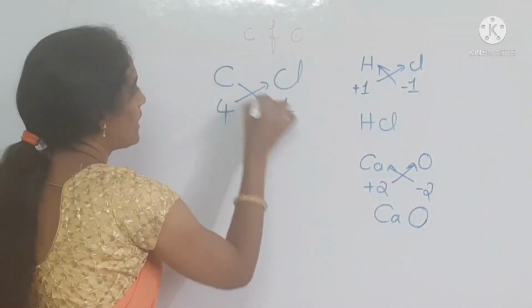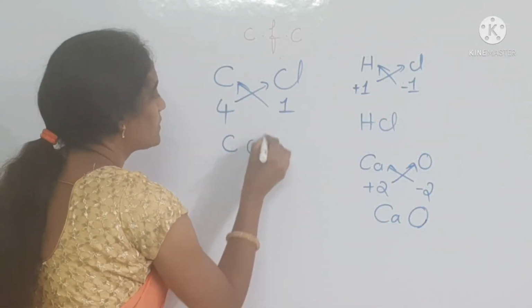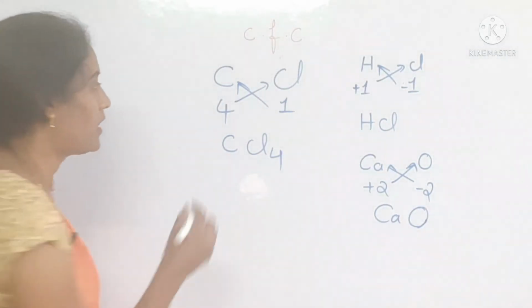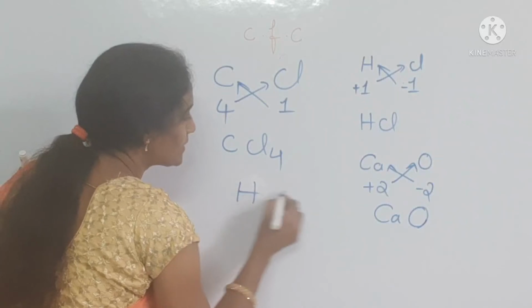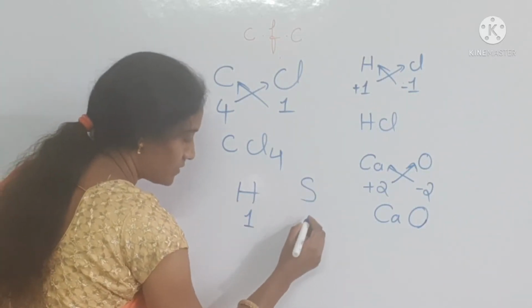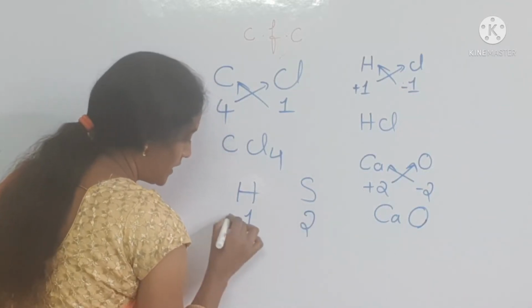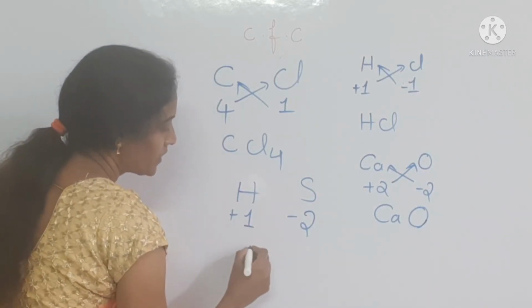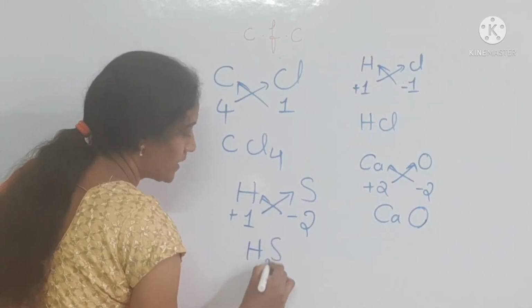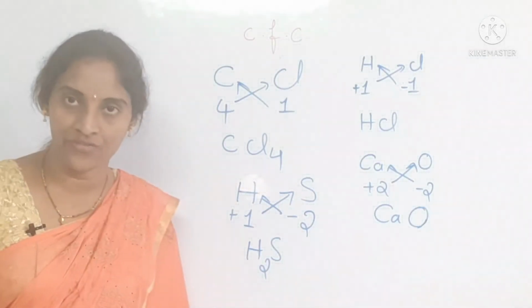See, for this one, cross multiplication. CCl4 is the carbon tetrachloride's formula. Next, you can take hydrogen sulfide. Hydrogen's valency is 1, sulfur's valency is 2. It is +1, it is -2. After balancing the valencies, H2S, you will get the formula for hydrogen sulfide.